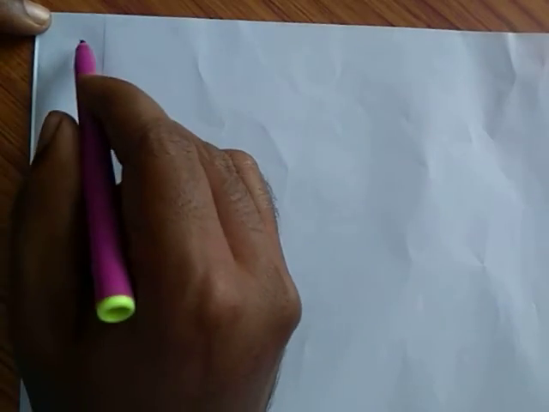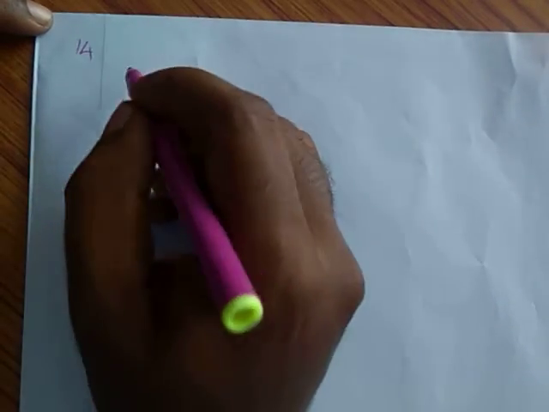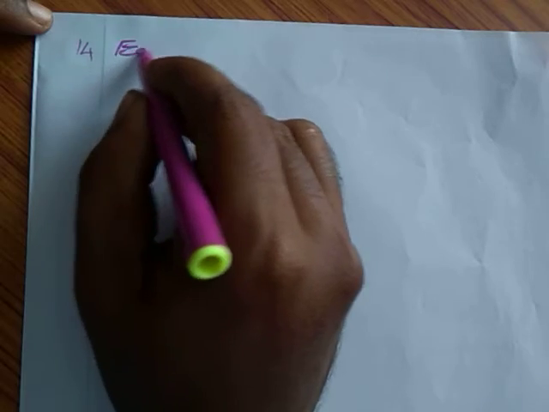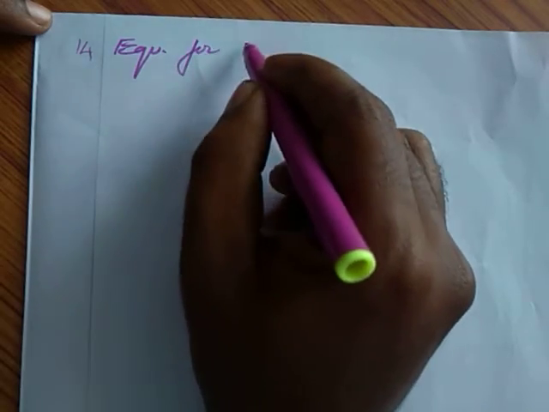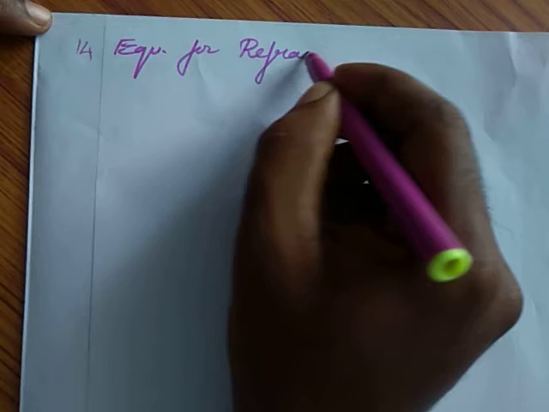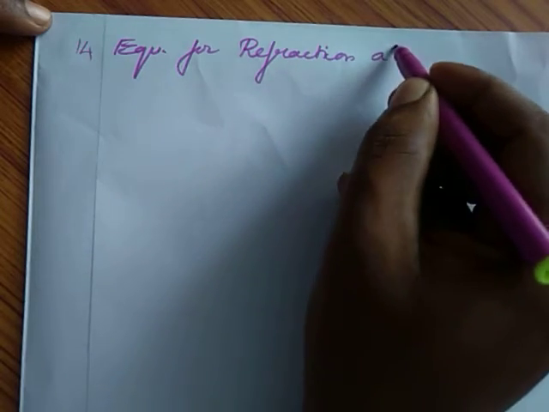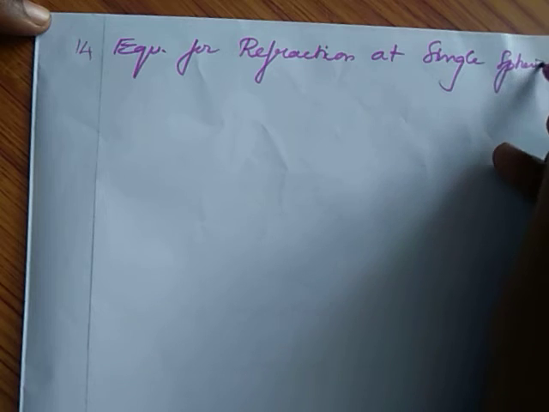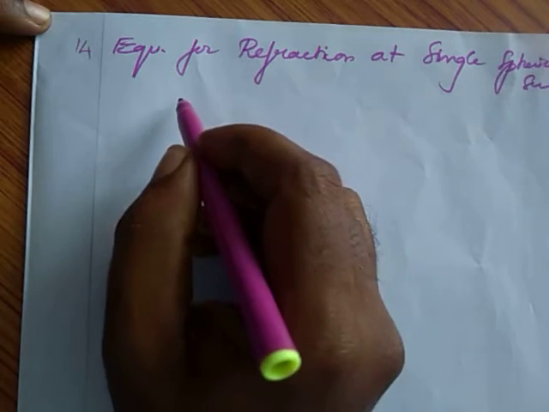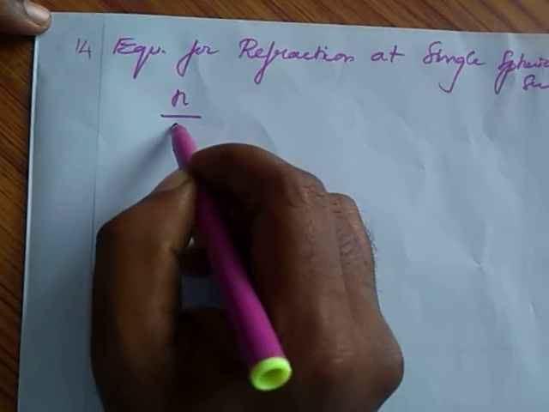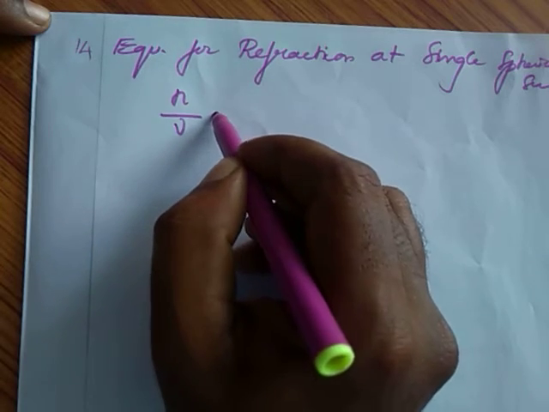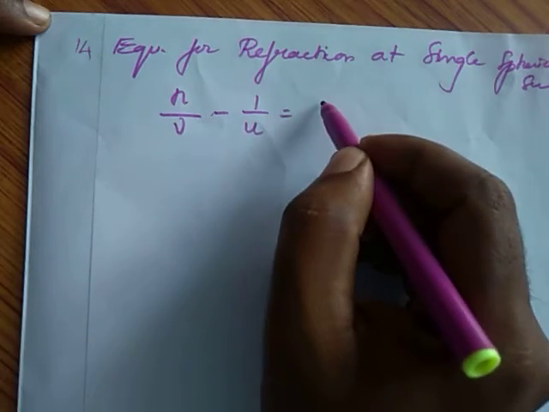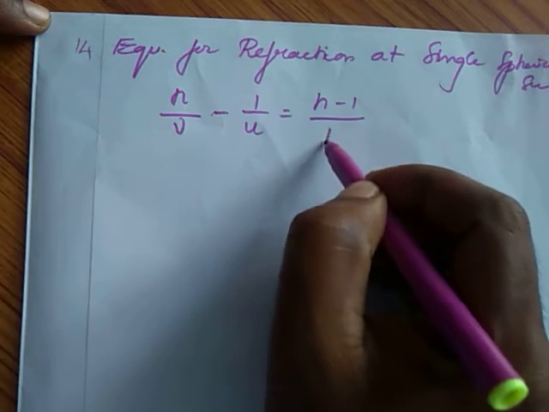Then the equation for refraction at a single spherical surface, that is n by v minus 1 by u is equal to (n minus 1) by r.